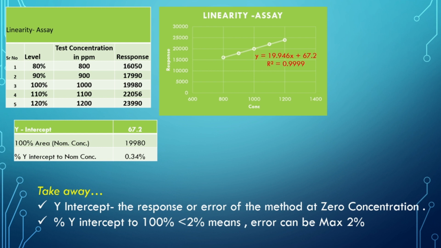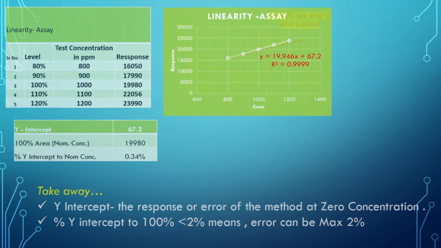So 67.2 divided by 19980 times 100, I'm getting 0.34%. That means at 0% concentration I will get an error of 0.34%.